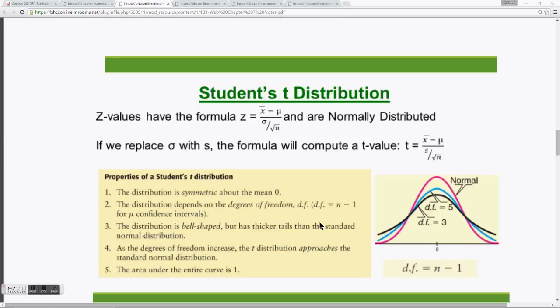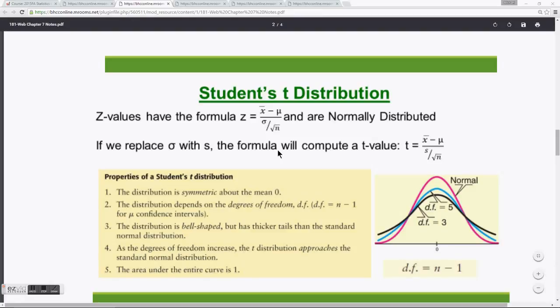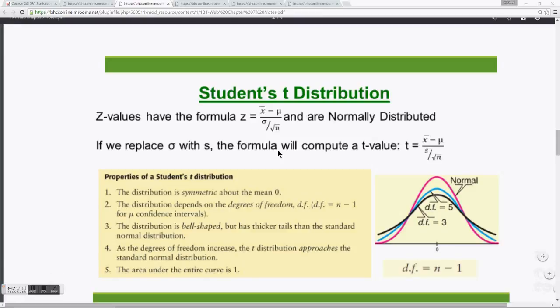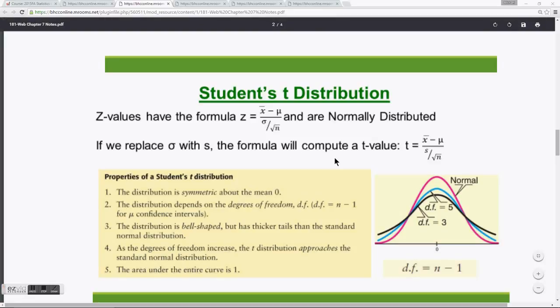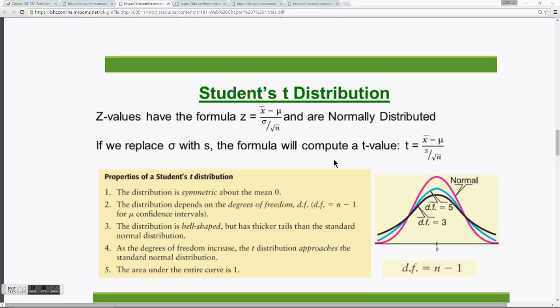When I use the standard deviation of a sample, what happens is that I no longer use a z-value or a z-critical value in my formula. I use instead what's called a t-value. And a t-value is based off a different type of distribution called the student's t-distribution.